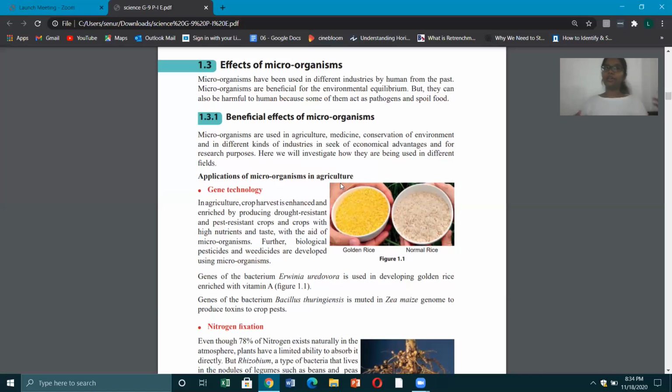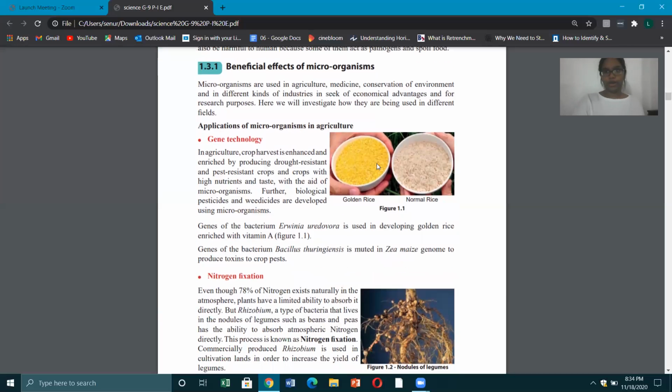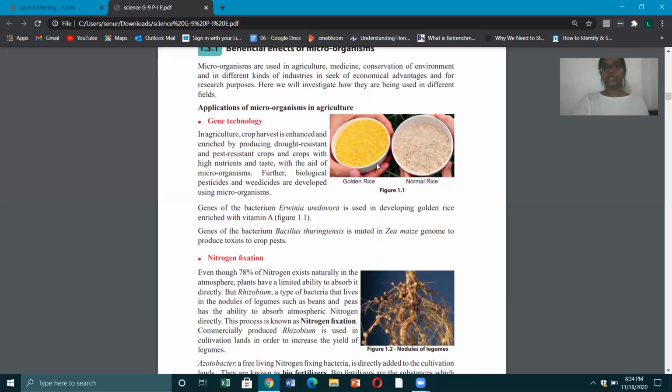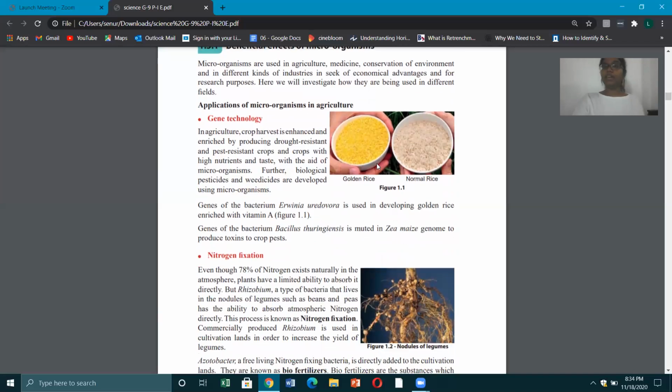You take uses from the environment, but you keep in mind that you have to keep this for the future generation as well. So in the process of conserving the environment, there are times we can use microorganisms, and we'll be talking about it. And also in different industries to get economical advantage.